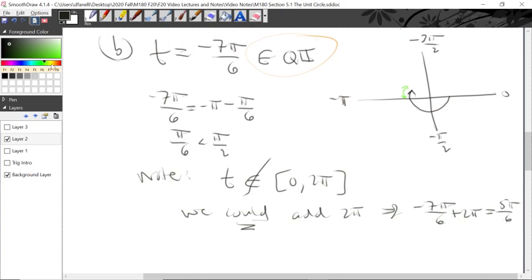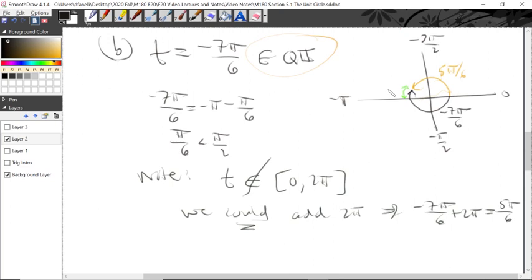And so 5 pi over 6 would be the value of t associated with negative 7 pi over 6. They are coterminal. They're both going to end at exactly the same point in quadrant 2, so they would have exactly the same reference number.